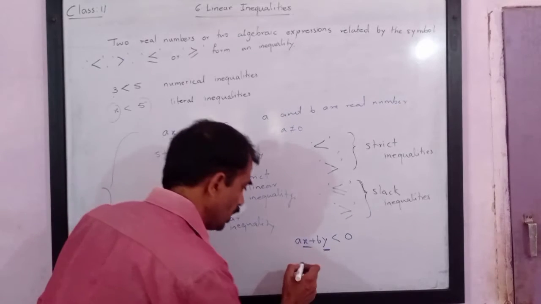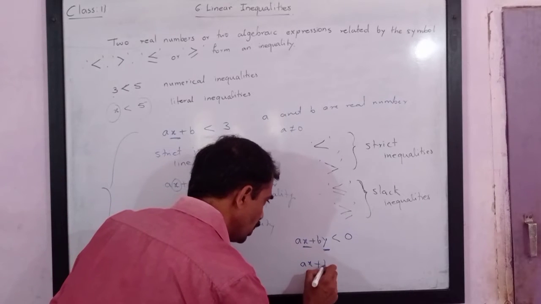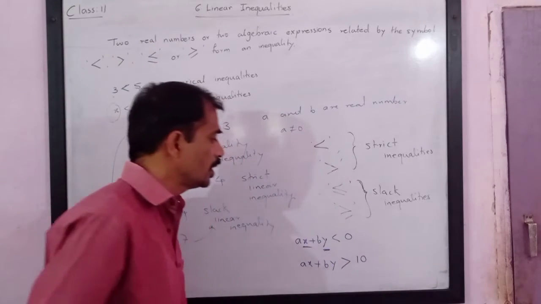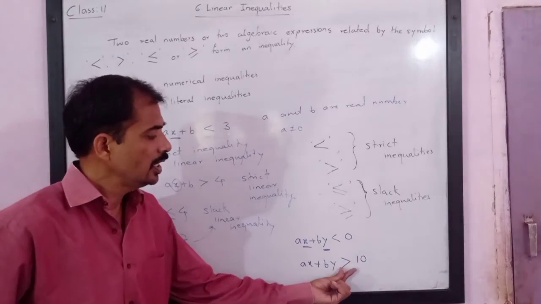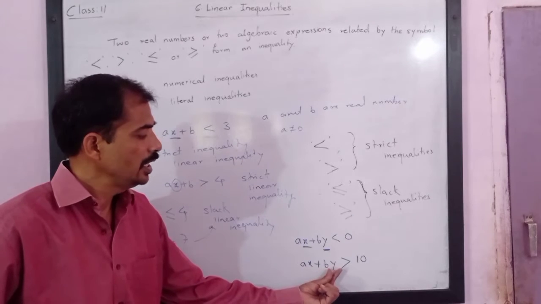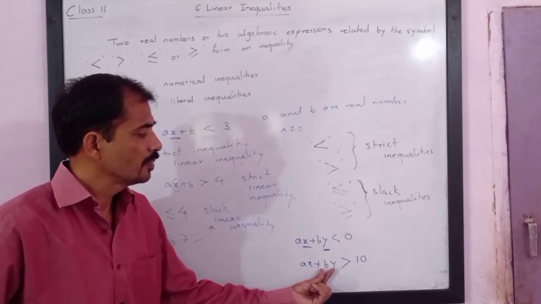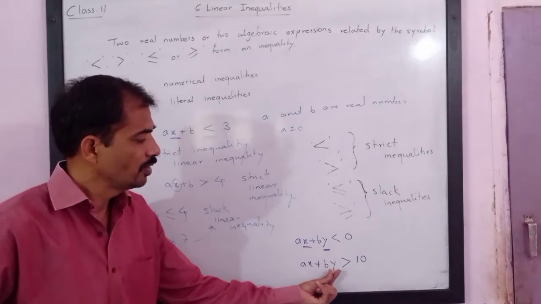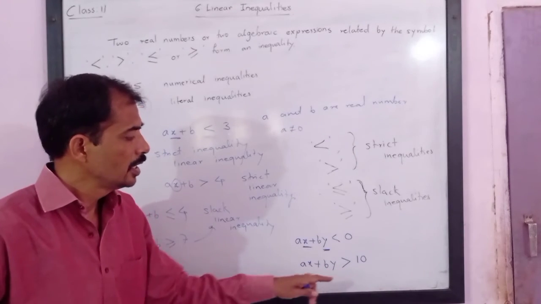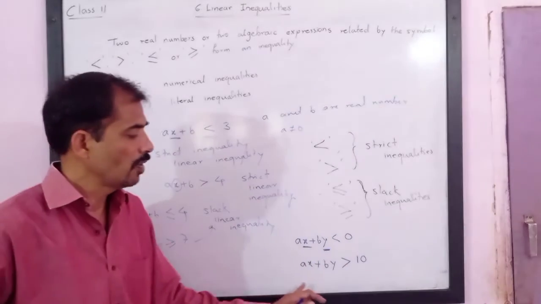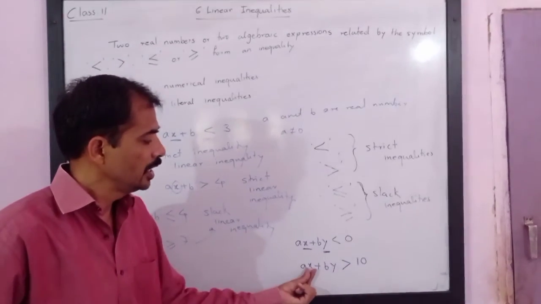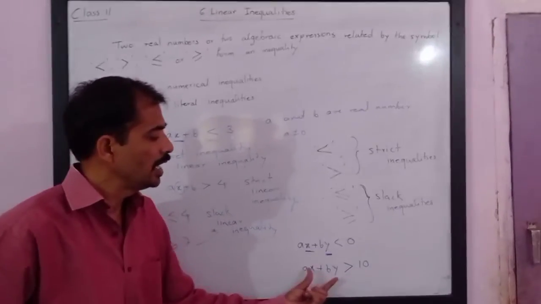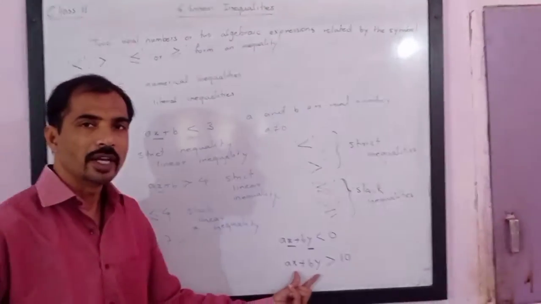Now take ax plus by greater than 10. This is again a strict linear inequality in two variables: strict because of the symbol, linear because of the power, and it is in two variables.